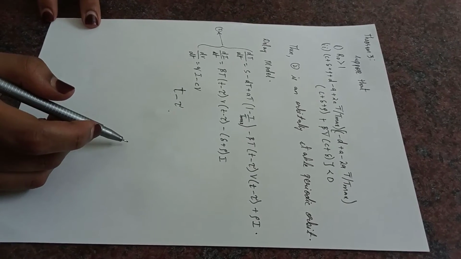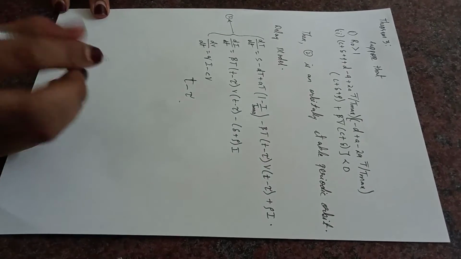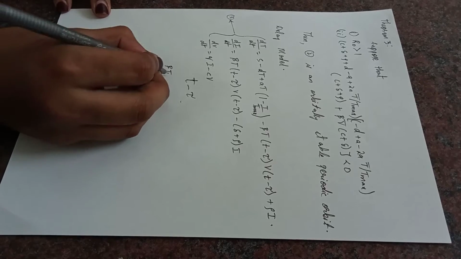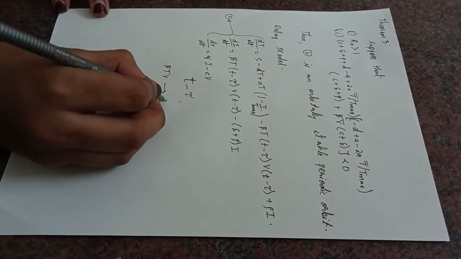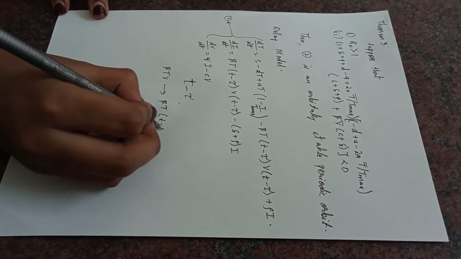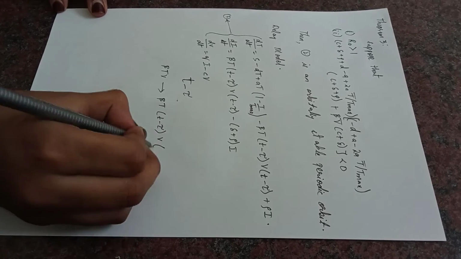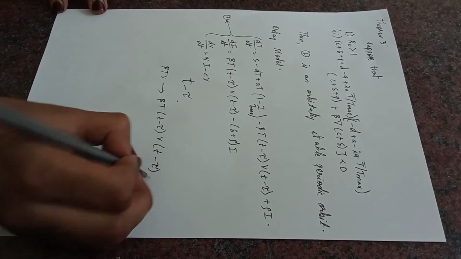Thus the incidence term of healthy cells is changed from beta into T V to beta into T of t minus tau into V of t minus tau.